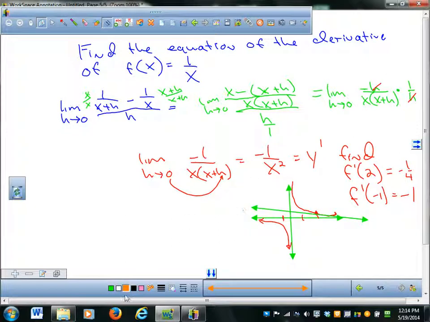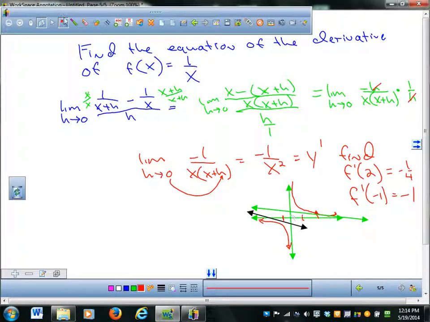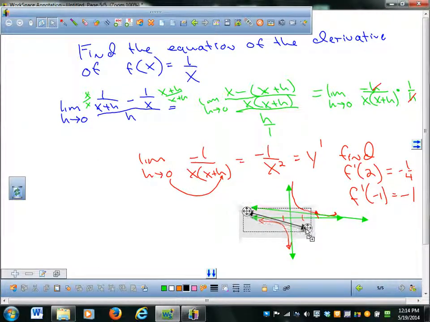Mr. Luder, that's not the right graph. Yes, it is. I'm not graphing 1 over x squared, Henry. I'm graphing 1 over x.